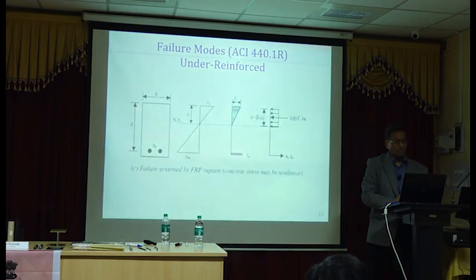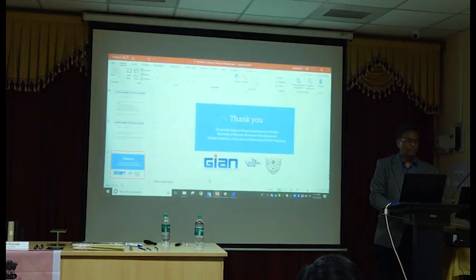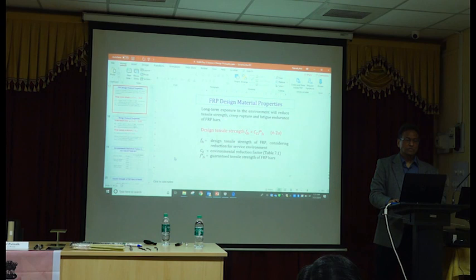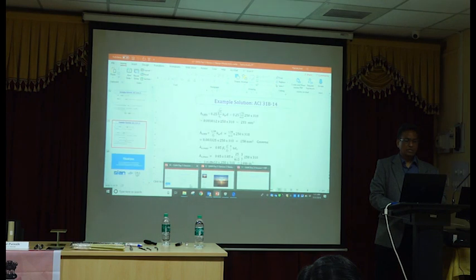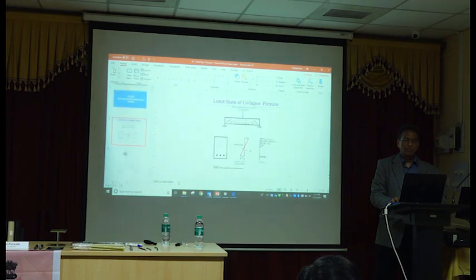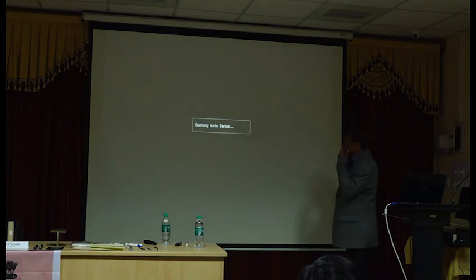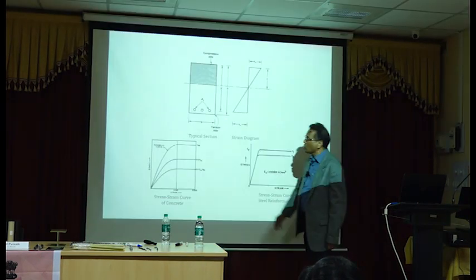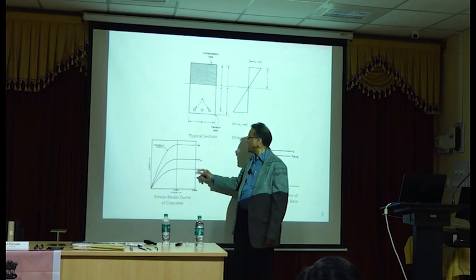I just want to remind ourselves what this one here is. So here up to 0.002 we have parabolic variation. Beyond that it is straight line variation.